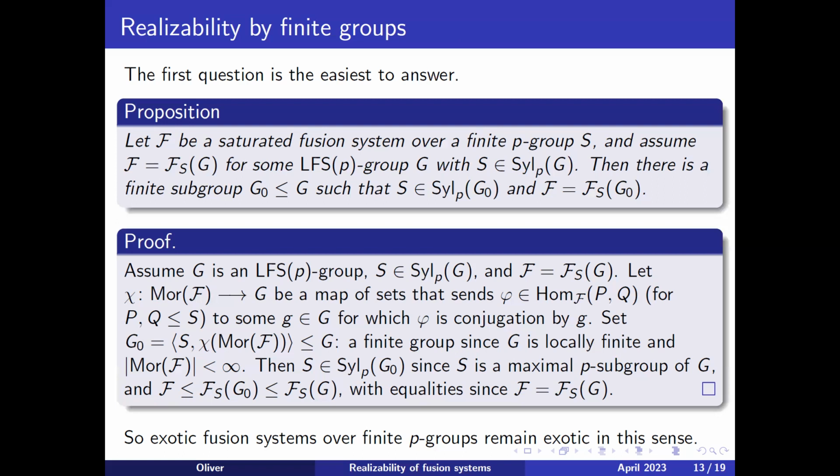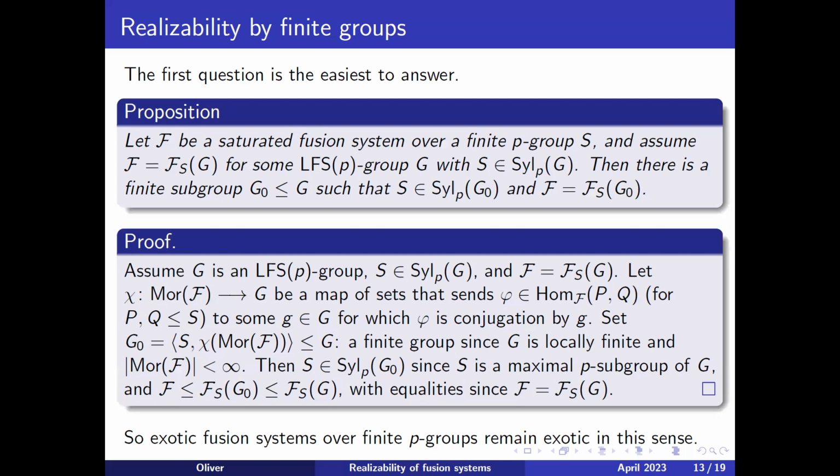And the key thing to remember is that these groups we're looking at are locally finite. So any finite set of elements is going to generate a finite subgroup. And that's what we do. We have to have S itself in there.